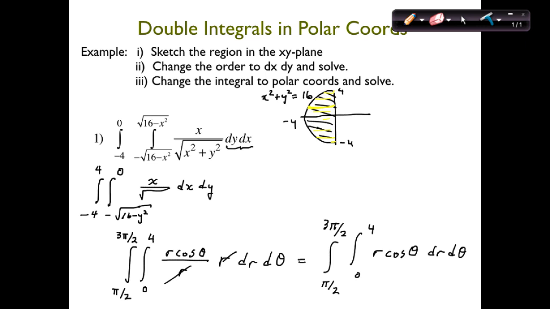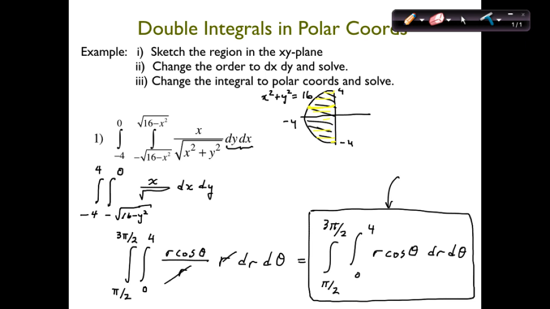With respect to x, it's actually not that bad, because this is like a u substitution or undoing the chain rule. Not too bad, but it's still complicated compared to this. So your easiest road to finding the value is definitely the polar integral. And why? That's because the region itself is the most suited to polar coordinates, because it's based on the circle centered at the origin. So this would be the most efficient way to find the value of the given double integral.